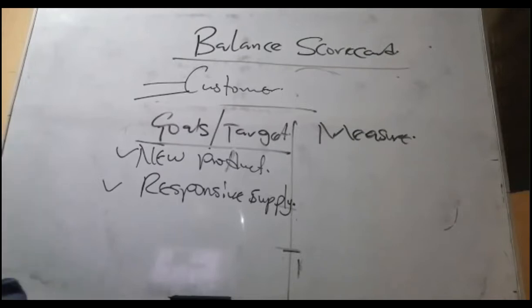Some organizations don't tell you; they just say we are coming, we are coming, and by the time I need the item, the time has passed. So supply responsiveness is very key here.